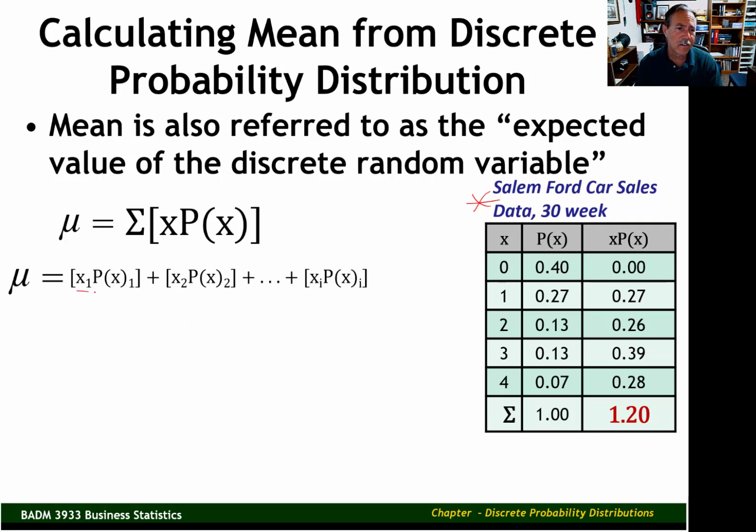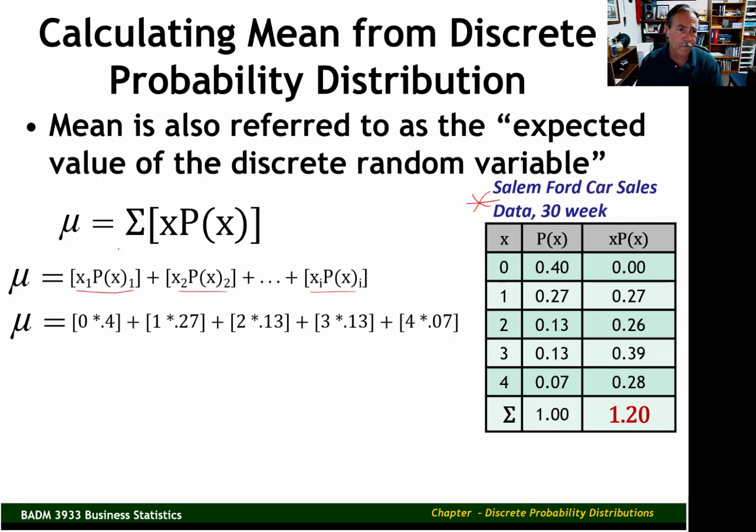And this is what we're going to be doing symbolically. But here's what we're actually doing with these numbers. Our first term, we have the value 0 multiplied by the probability 0.4. Our second term, we have the value 1 multiplied by its probability 0.27.